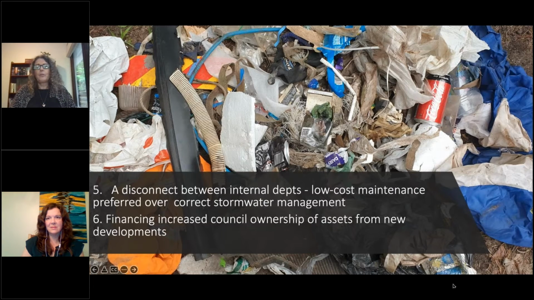There's also a kind of disconnect I've been hearing between internal departments about low-cost maintenance preferred over correct stormwater management. And I've got a story from a councillor who told me that a developer who was building, I think it was 70 or 80 houses in a development, was really quite focused on having the correct stormwater management, because he knew that the stormwater would go directly into a local bay.